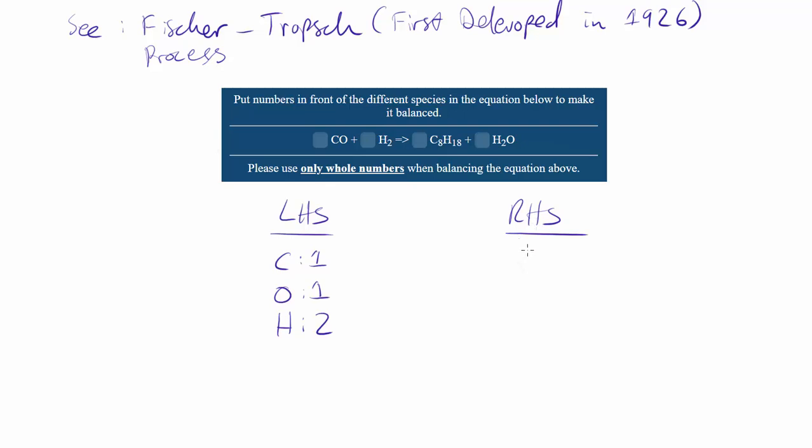Right hand side, carbon, oxygen, hydrogen. So on the right hand side, carbon, as you can see, we've got 8. Oxygen, we've got 1. And hydrogen occurs in both of the product species, so we've got 2 plus 18, which would be 20.